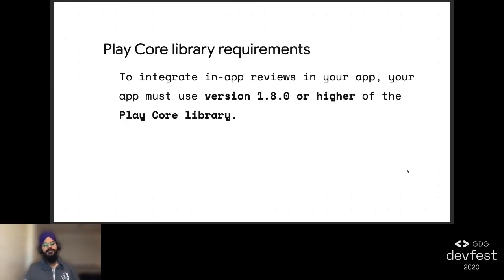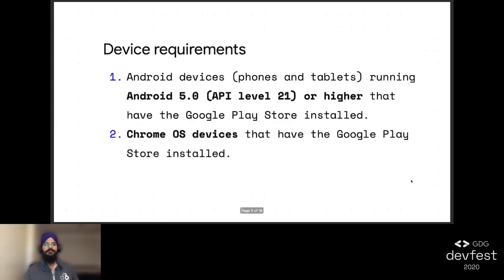Those are the main components, and then there are some major requirements that must be met before you start integrating this into your apps. The first one is the Play Core library requirement. To integrate it in your app, you must use version 1.8.0 or higher of the Play Core library. And the second one is device requirements.